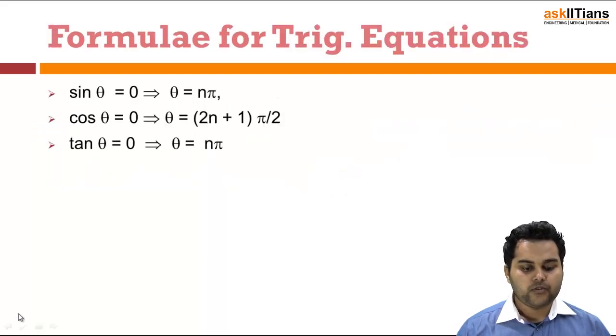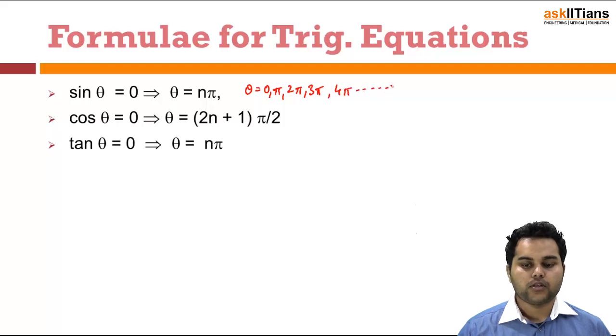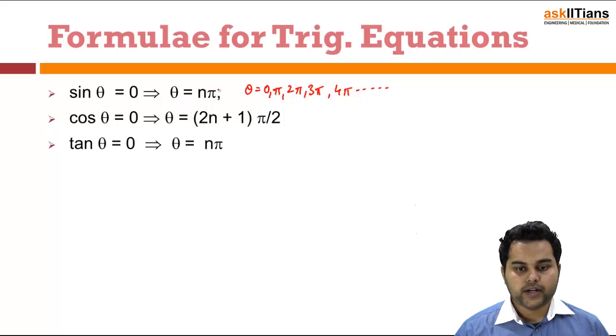If I take an example for sin theta is equal to 0, in the first circle the solutions would be theta is equal to 0, pi, 2 pi, 3 pi, 4 pi and so forth. Hence if I condense it, I would get theta is equal to n pi as the solution to this equation.